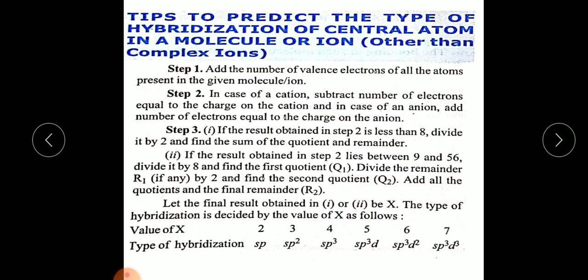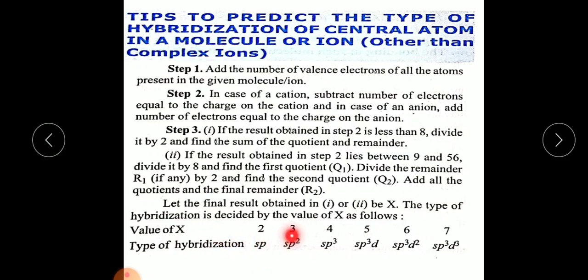Now let the final result obtained in 1 or 2 be capital X, that is, X is the sum of the quotient and remainder. The type of hybridization is decided by the value of X. If the value of X is 2, then the type of hybridization is sp.